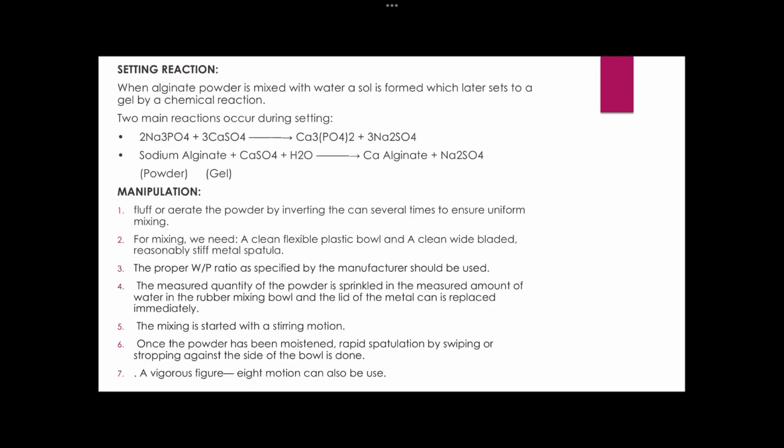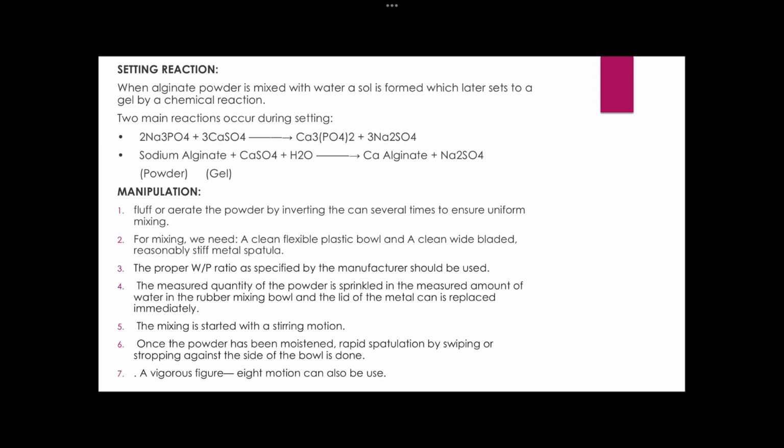Now the setting reaction. The setting reaction is very important when you are writing an answer on alginate. It is important for you to write the setting reactions. Okay. So let's see. When alginate powder is mixed with water, a sol is formed, which later sets to a gel by a chemical reaction. And here are the two main reactions that occur during setting.